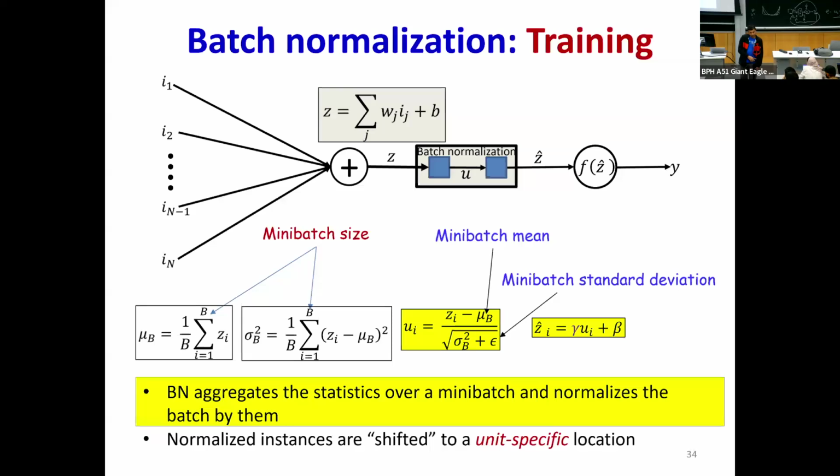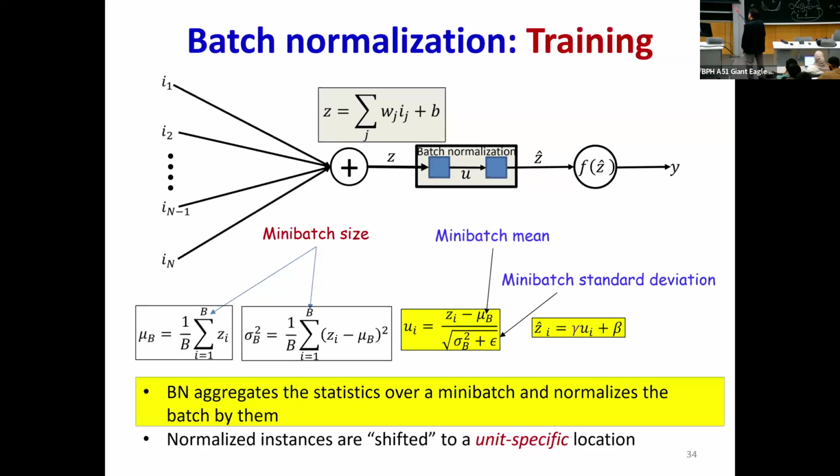If I drew this as a network, I have a bunch of neurons from the previous layer, n-1, and at each neuron I get a value z. I get this scalar z for every training instance, so now it's a collection of scalars. It's convenient to think of it that way.